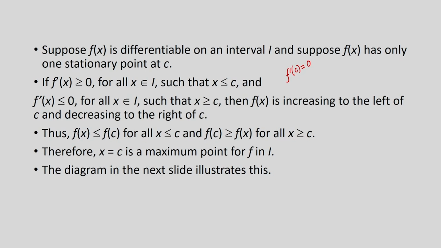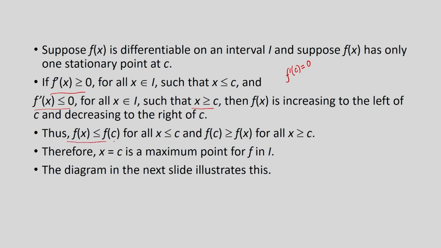So, just imagine that before c is reached, this is satisfied. Okay. Now, if this is satisfied, then the function is an increasing function to the left of c. And similarly, if you are talking about x greater than or equal to c, then this is satisfied, f dash of x is less than or equal to 0, which means that the function is decreasing.